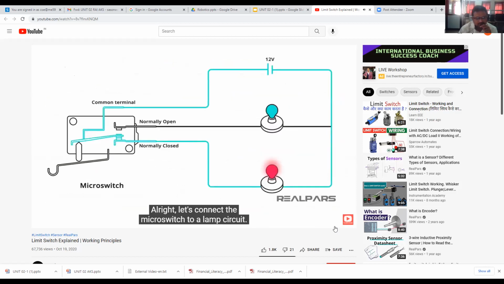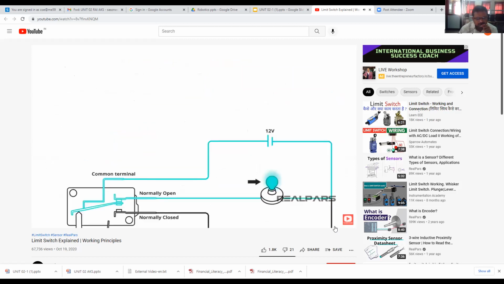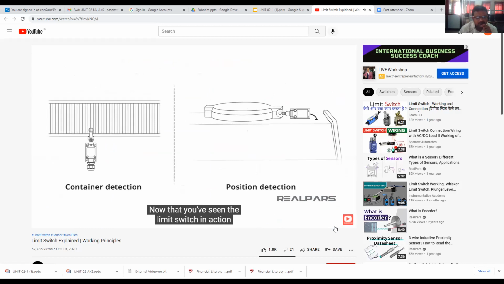All right, let's connect the micro switch to a lamp circuit. In the inactive state, the red lamp is on as the device is not being operated by an object pushing on the trigger. When the trigger is pushed, the device will activate, and the green lamp will come on. Now that you've seen the limit switch in action, you are probably thinking about some of the applications where you have seen them.